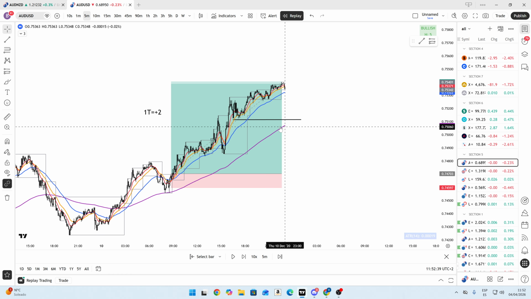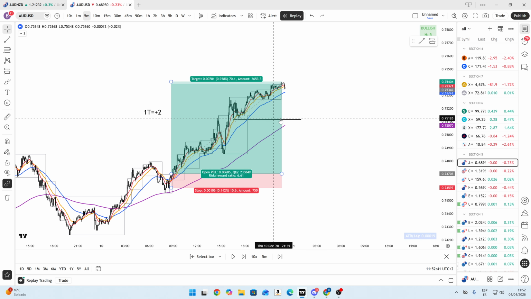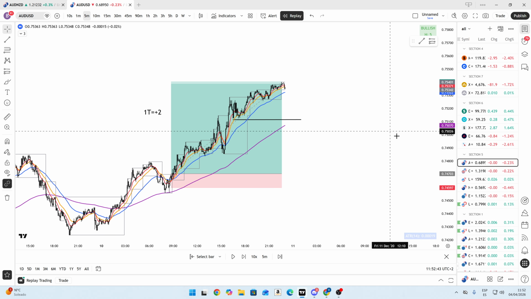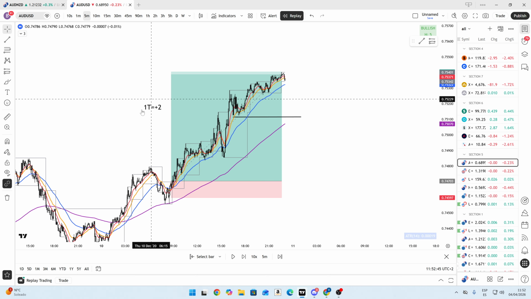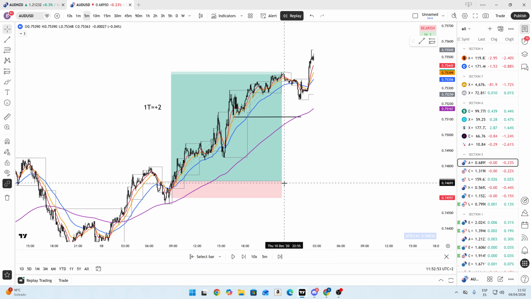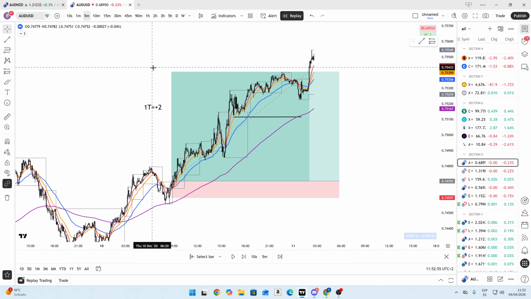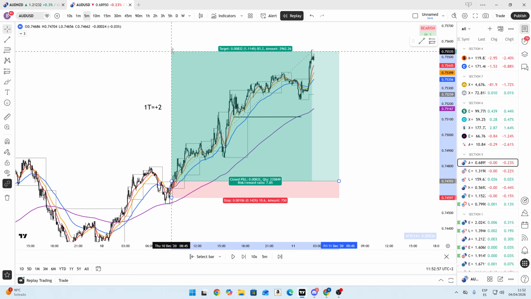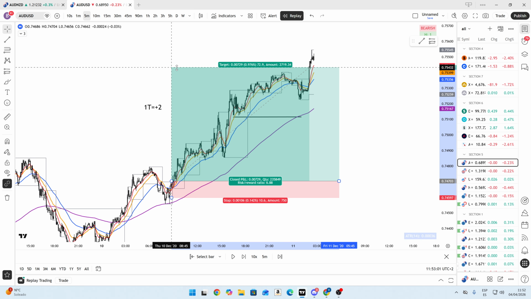Okay, we'll do that. But if it comes back here, we'll take the full 50% that is left, because we only have taken 50%. Okay, let's just wait and see if it wants to break up, or we want to take partials above. Okay, the way that I will do this is right now we are at 7.94. We still haven't taken those partials.